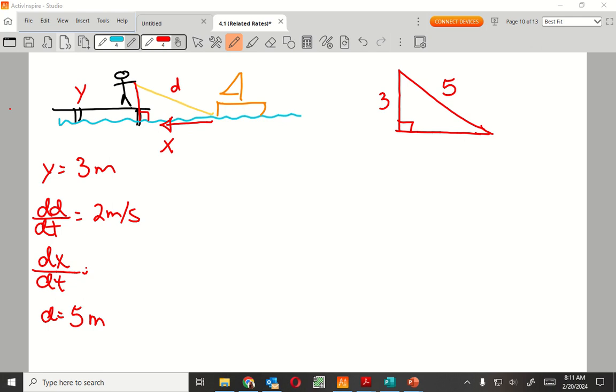If we did the Pythagorean theorem in my head, 25 minus 9 is 16, and the square root of 16 is 4. So my X value is 4.